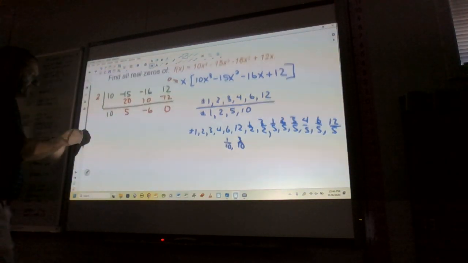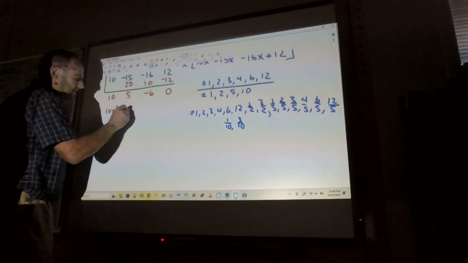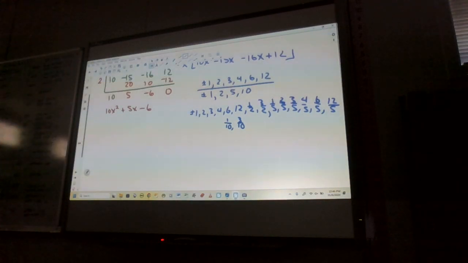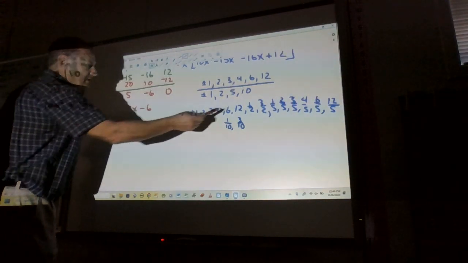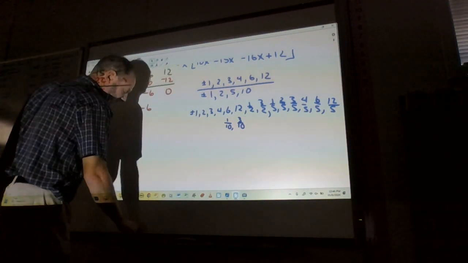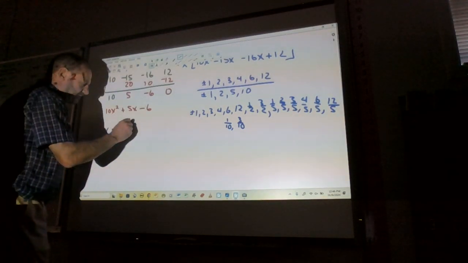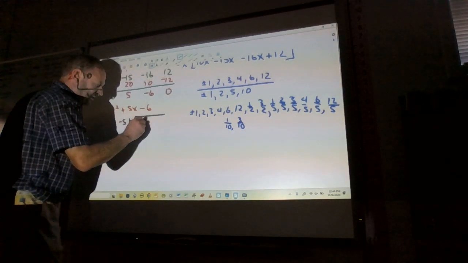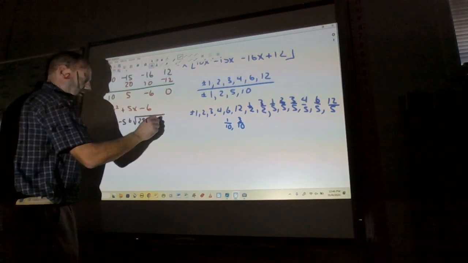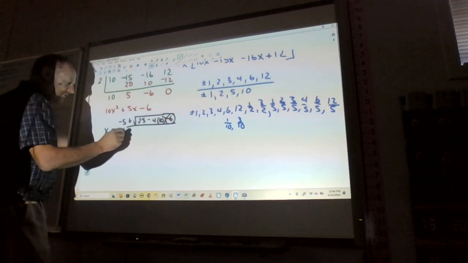Okay, now, this thing right here is 10x squared plus 5x minus 6. It is not easily apparent that any of these are on there, so what I can do at this point to make my life super easy is I can just use the quadratic formula here to find the rest of them. So it's going to be negative b plus or minus the square root of b squared minus 4ac, all over 2a.